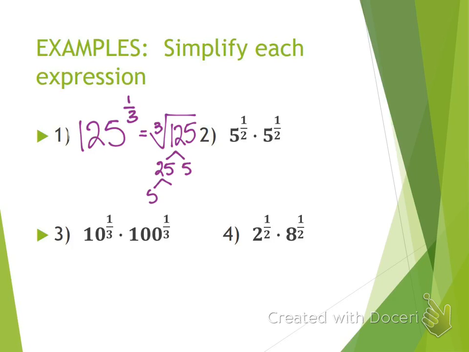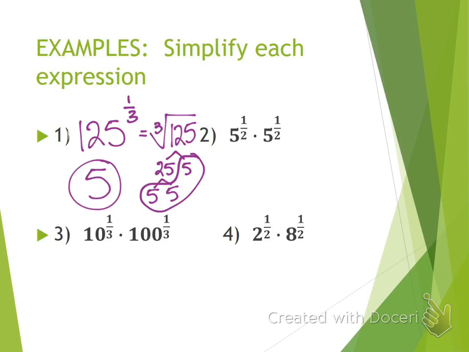Good. This one is actually a perfect cube number. So the final answer would be just the number 5. Do we need a radical anymore? No, because it was a perfect cube. There's a group of 3. All right. Questions about that first one?